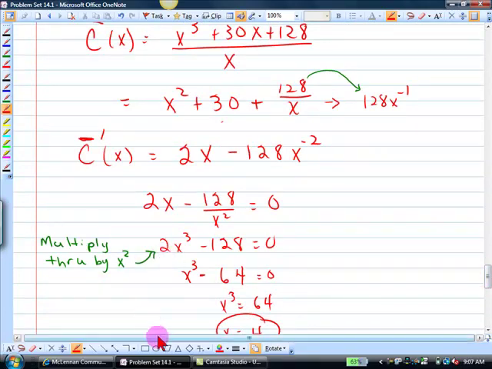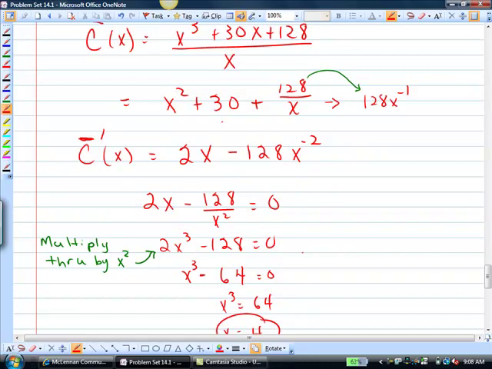So in order to solve that algebraically, you want to multiply through everything by x squared. When you multiply it there, you get 2x cubed. Here it makes the x squared go away. So you end up with 2x cubed minus 128.